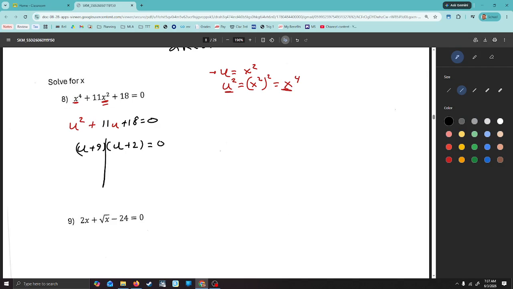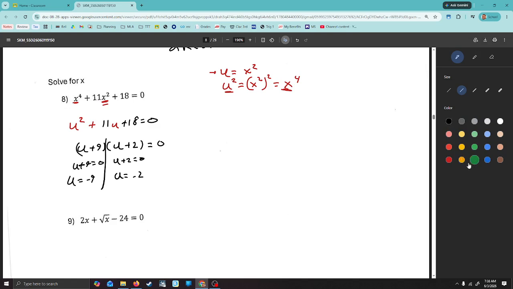Now I can split and solve. U plus 9 equals 0. U plus 2 equals 0. U equals negative 9. U equals negative 2.